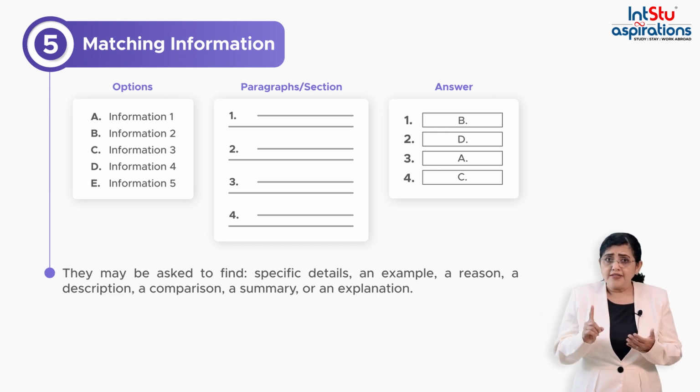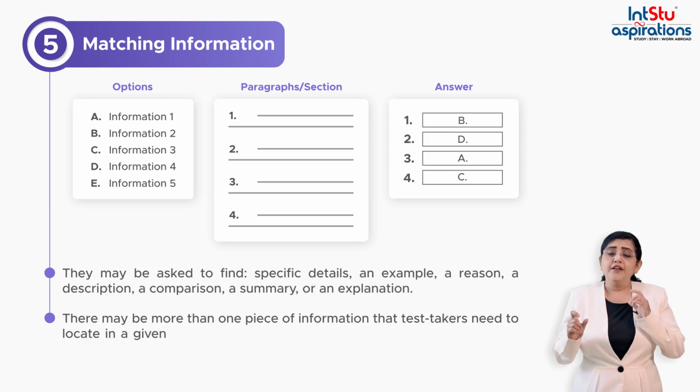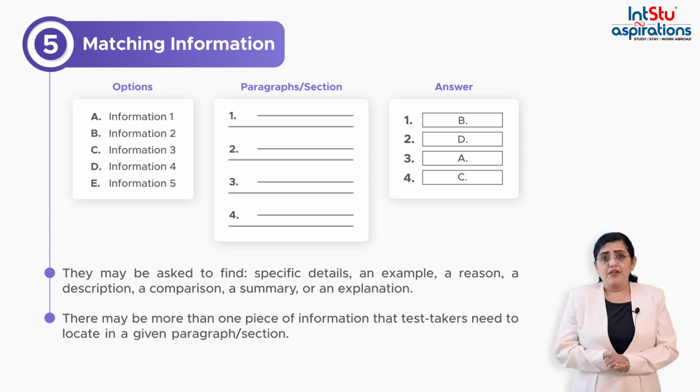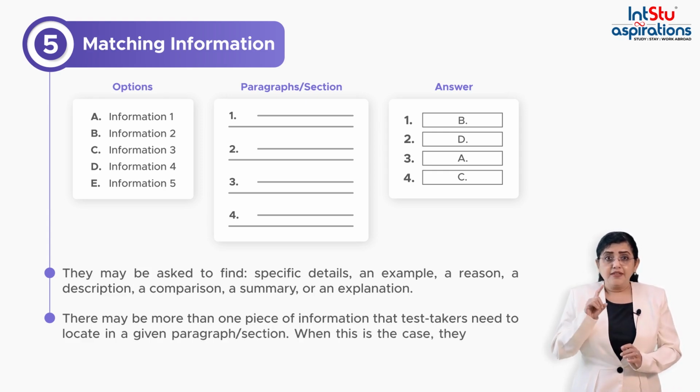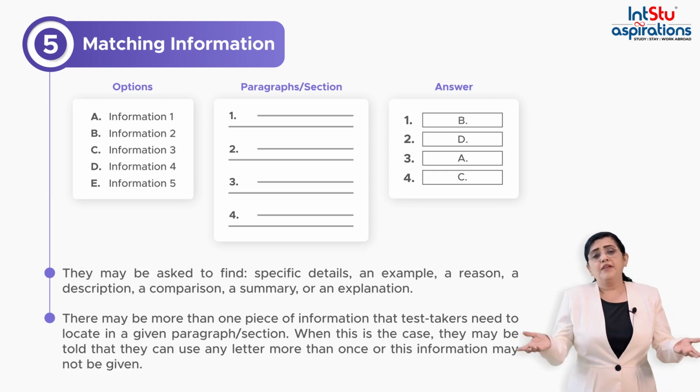They will not necessarily need to find the information in every section of the text, but there may be more than one piece of information that test takers need to locate in a given paragraph or section. When this is the case, they may be told that they can use any letter more than once or this information may not be given.